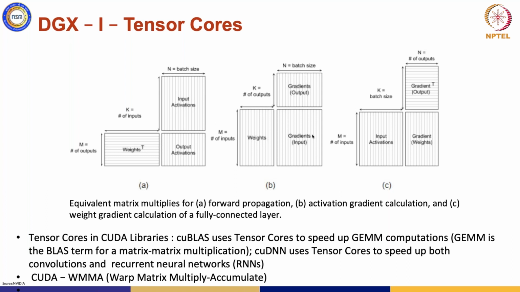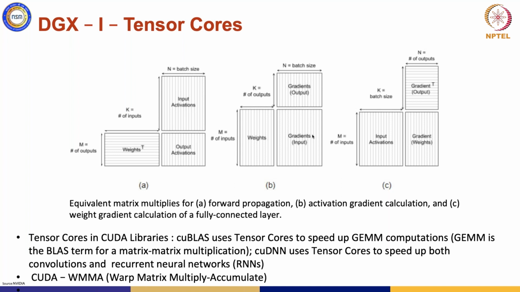So how people could use tensor cores is that you can use them through CUDA libraries. You have cuBLAS, which uses tensor cores to speed up the GEMM computations, and cuDNN also uses tensor cores to speed up both the convolutions and the recurrent neural networks, or RNNs.